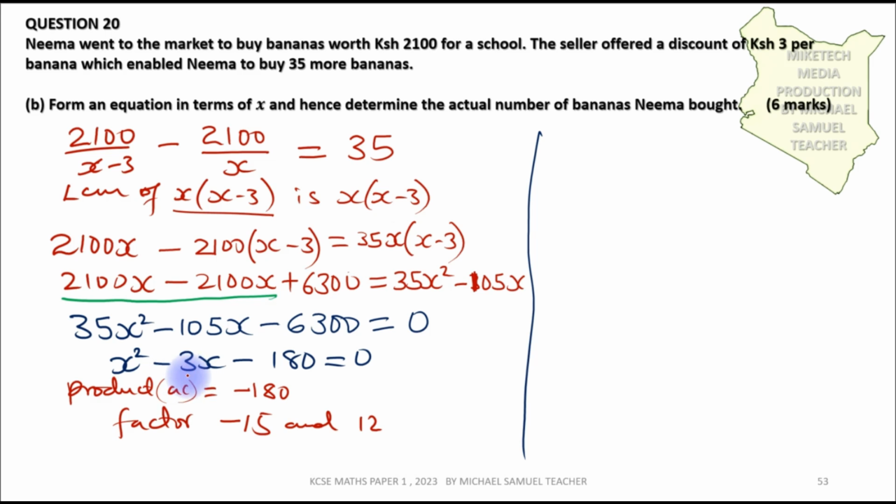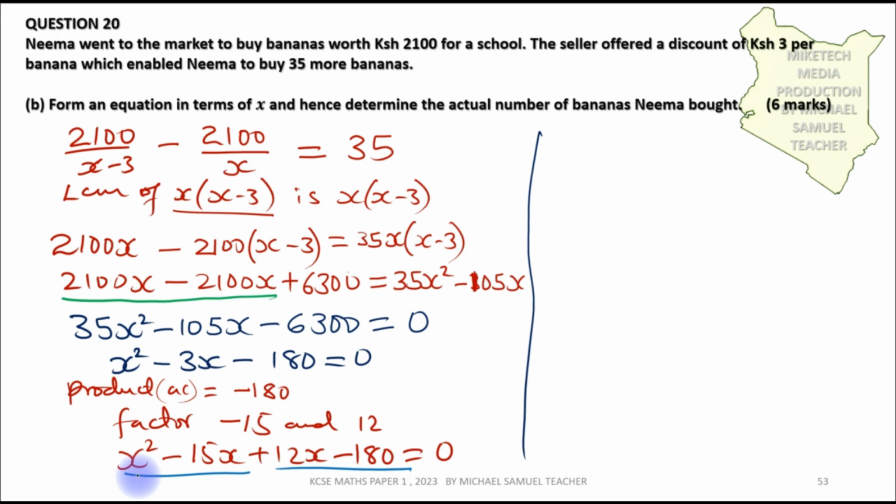So I'm going to rewrite this quadratic equation, with the middle term being expanded. So this will be x squared minus 15x plus 12x minus 180 is equal to 0. Then I take them in pairs, and then I factor out what is common.